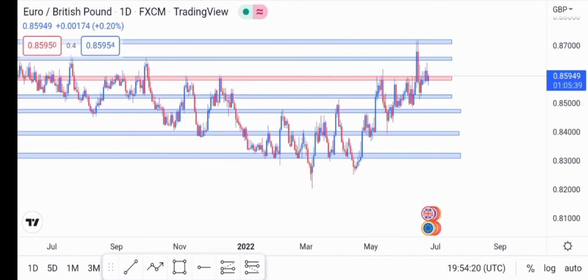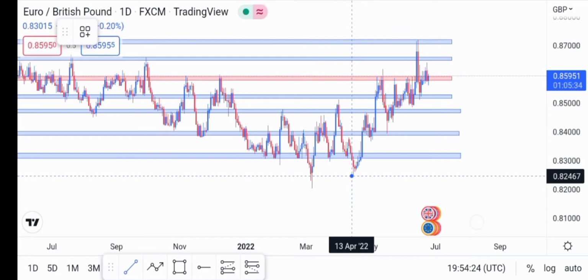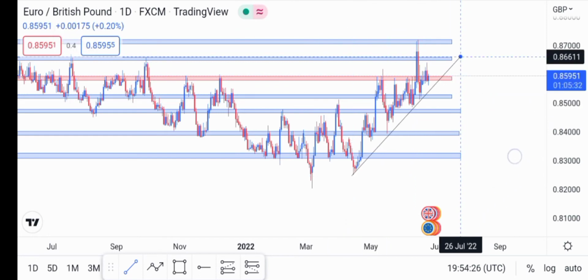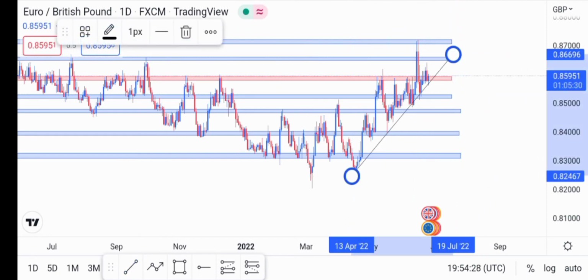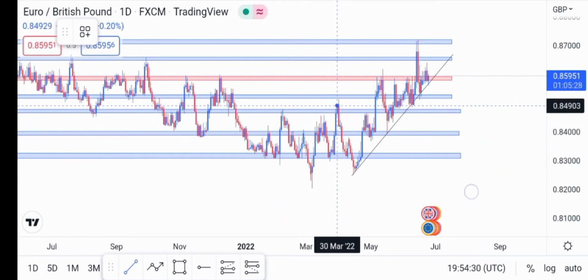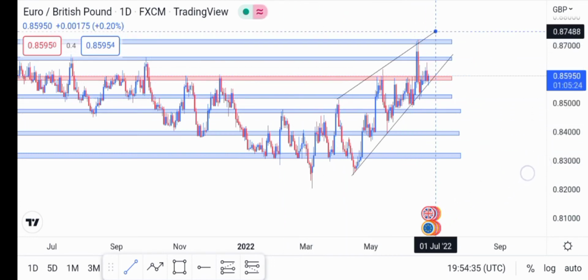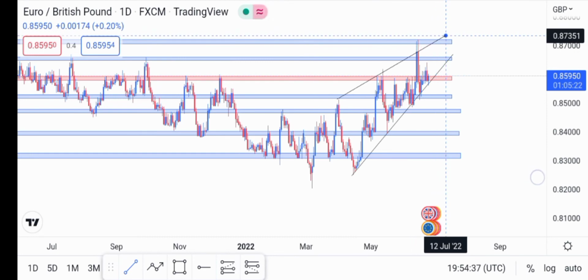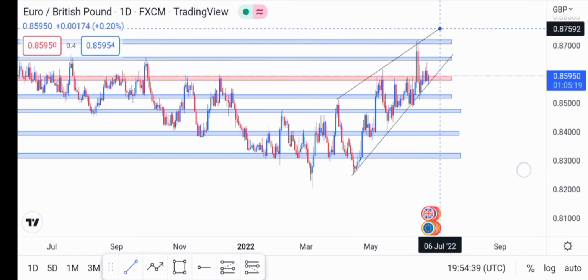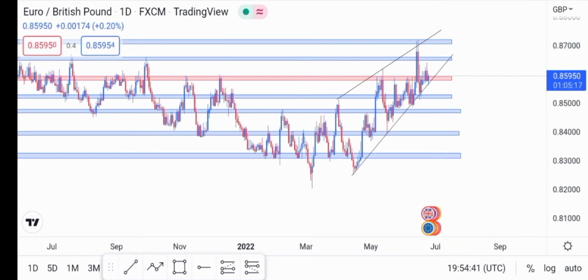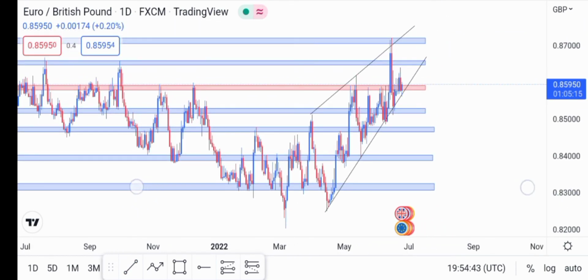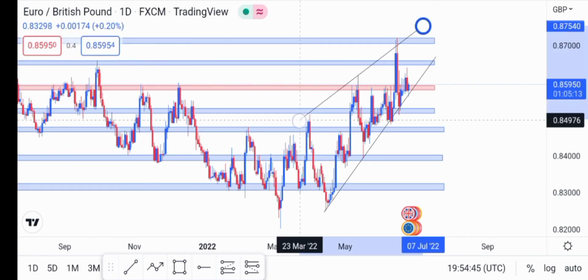Okay, so our upper trend line. Okay, so this is the pattern that we have on EURGBP.